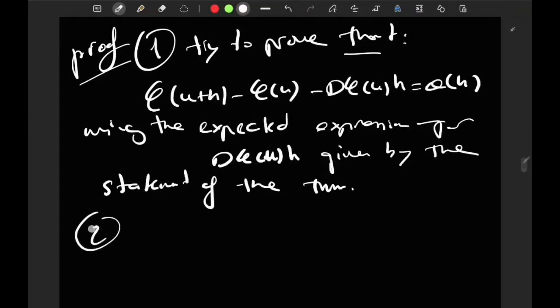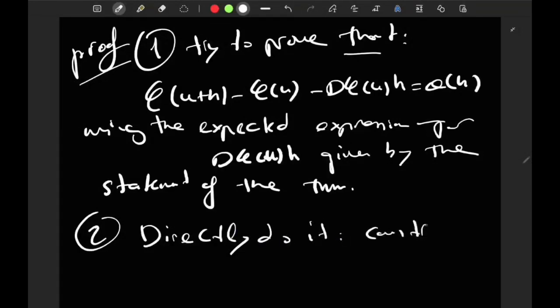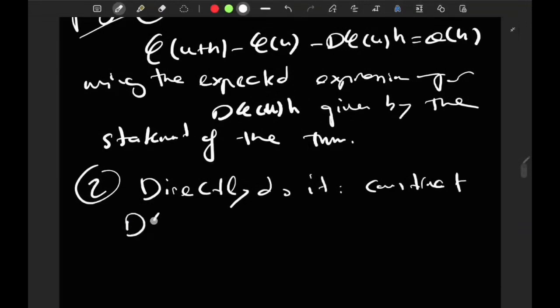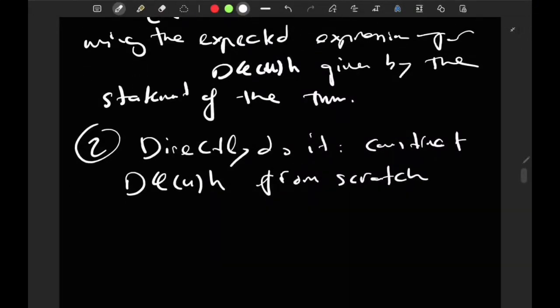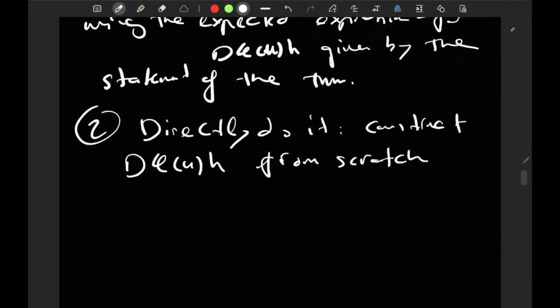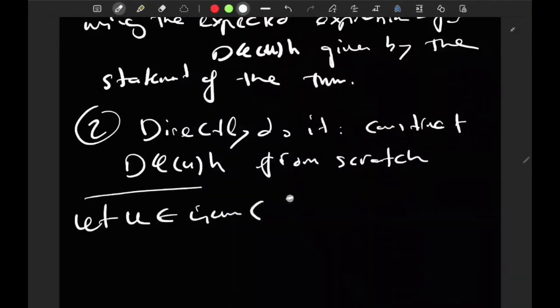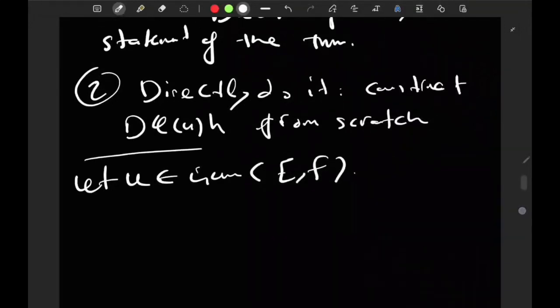And the second way, of course, is to directly prove it, i.e. construct dφ(u)h from scratch. Okay, let's try to do that. When we want to find the derivative of a map, we need to look at the difference. So let u belong to Isom(E,F), and let's perturb u by an h.